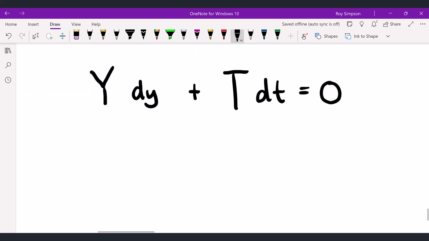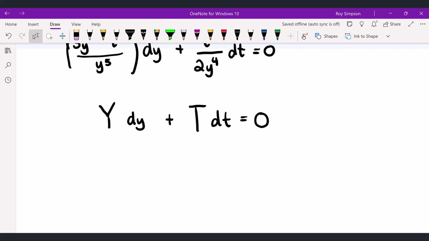And again, our goal is to showcase that there is such a function, that f sub y is equal to that capital Y, and that f sub t is equal to that capital T. But the only way to guarantee that such a function exists is if the partial of capital Y with respect to t is the same as the partial of capital T with respect to y.